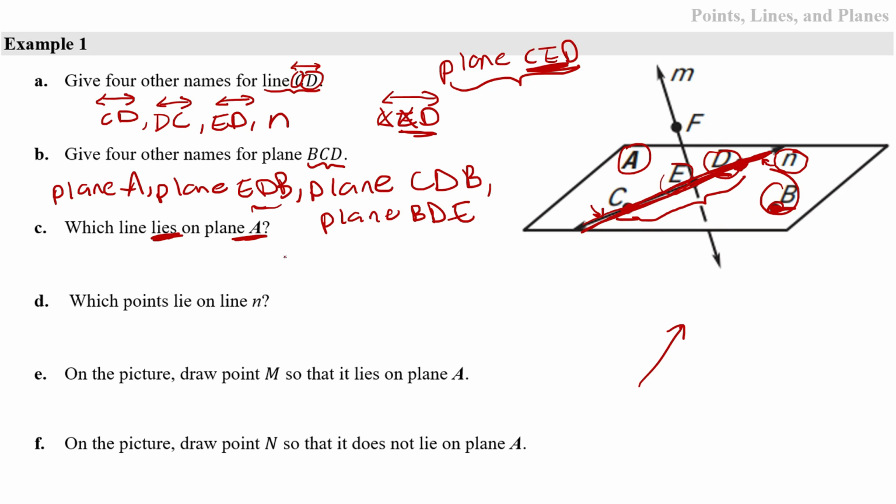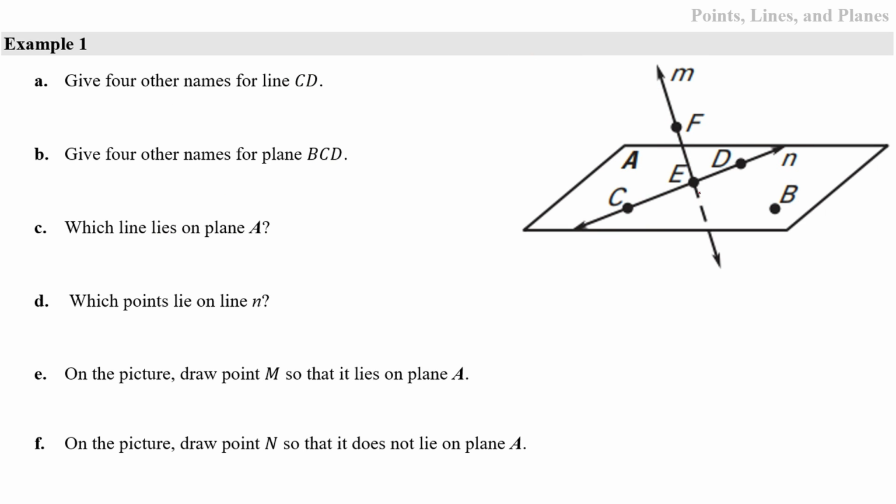Okay, line CD. So line CD goes on the plane. Okay, don't say line M, which is up here, because it's not really on it, but it's kind of going through it. And you can see that it's going through it because there's little dashes. That means that it's kind of behind it, and you're not supposed to see those lines, but we just put dashes to signify that it's there, but it's not really visible.